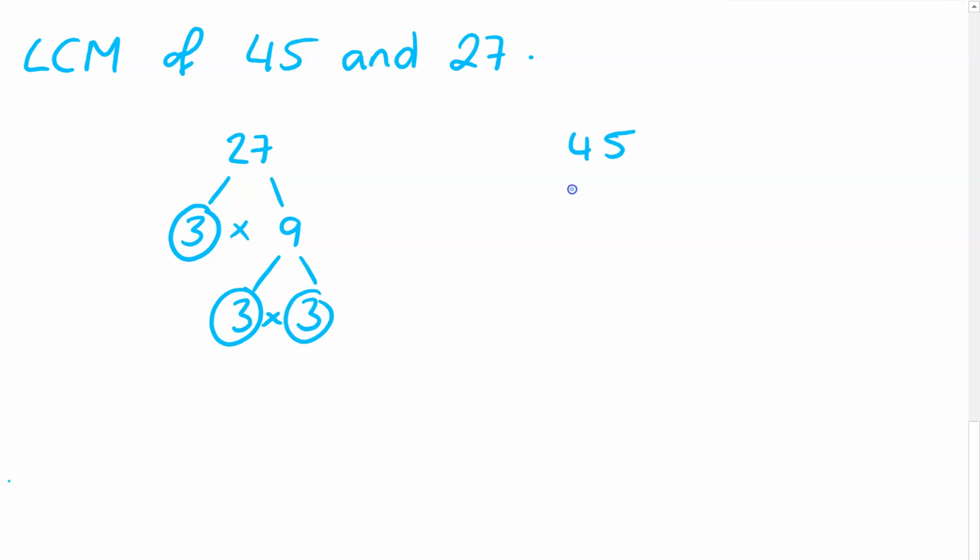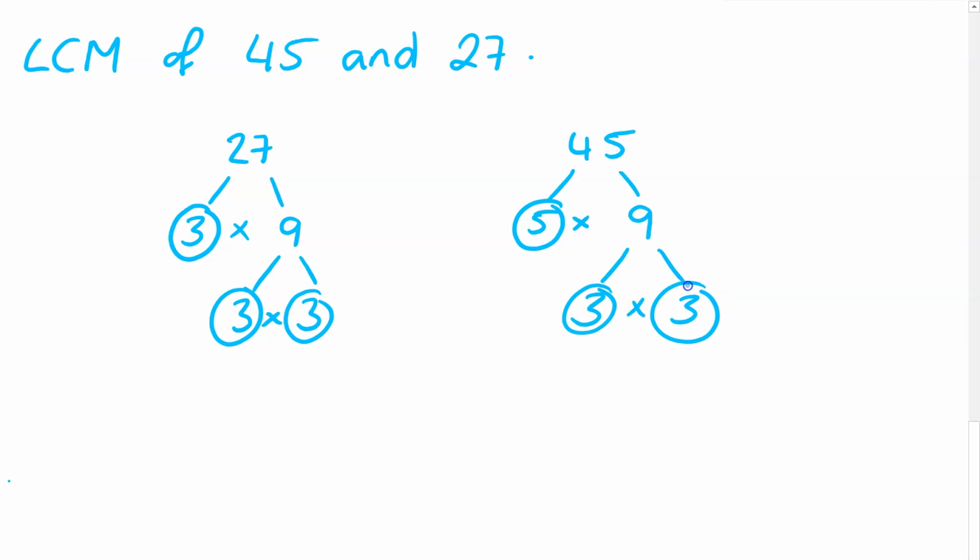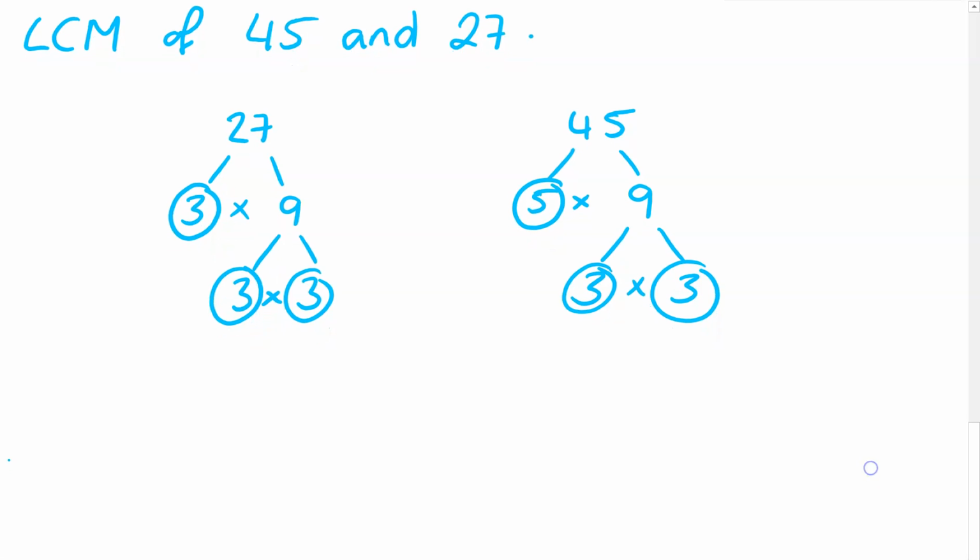45. Well, it ends in a 5, so I can do 5 times something. So that would be 5 times 9. 5 is a prime number. 9 needs to be split into 3 times 3. And 3's are prime numbers. So for 27, I've got 3 times 3 times 3.